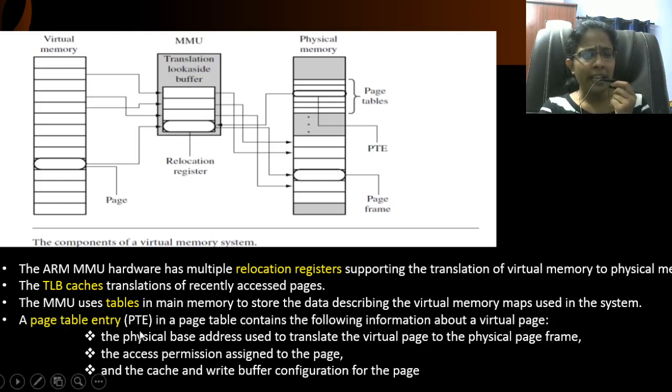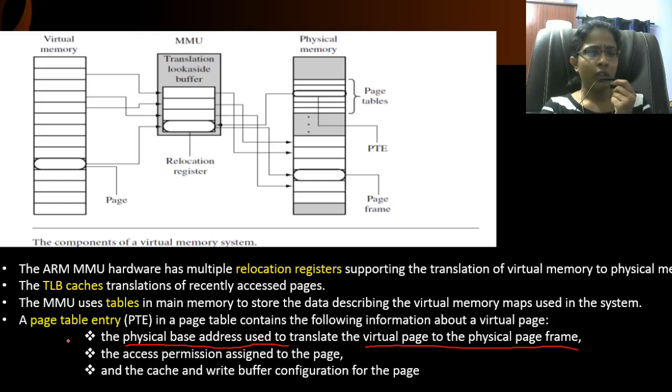this page table entry. What this page table entry does is use the physical address to translate the virtual page into the physical page frame. The page table entry has the physical address which is used to translate your virtual page into your page frame. This translation is done by the page table entry.